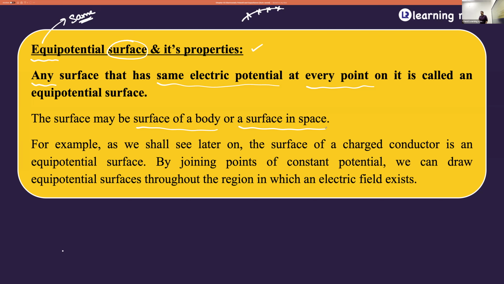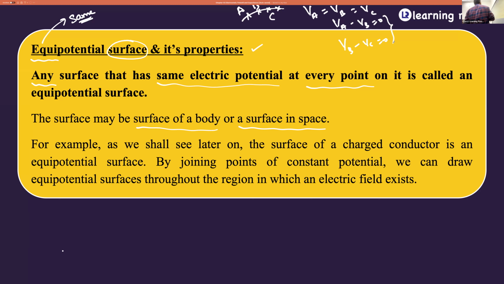Another way of defining it is, if I take any 2 points, the potential of A is equal to the potential of B. If I take another point C, which is also equal to the potential of C, then what will be the value of VA minus VB? Is it not 0? Similarly, VB minus VC is 0.